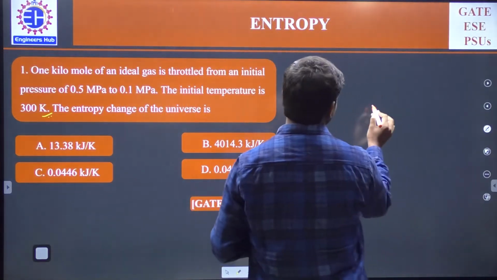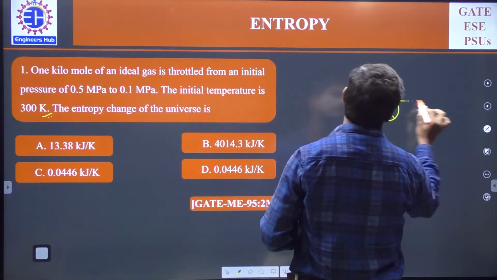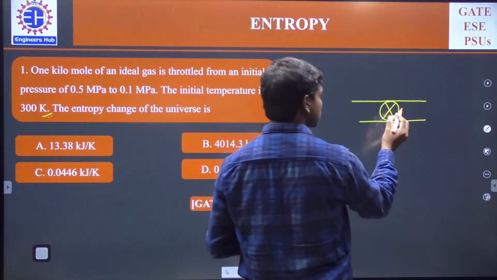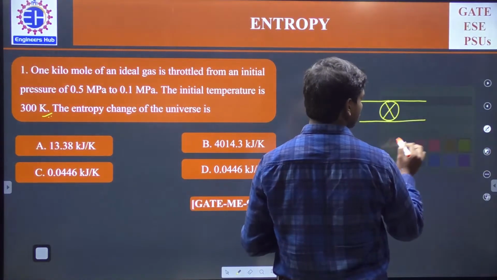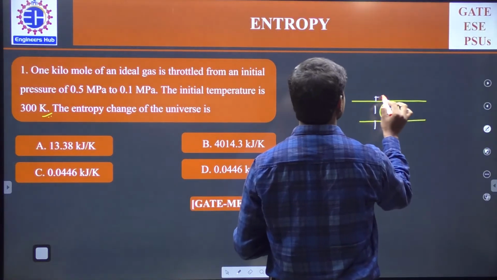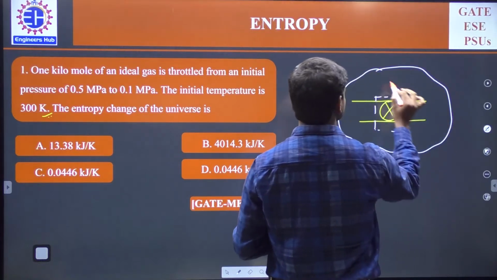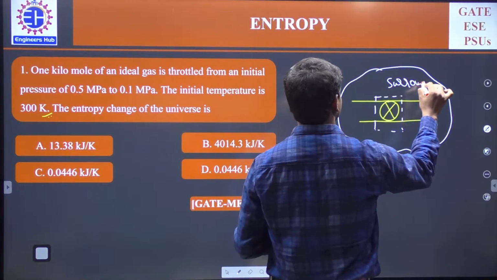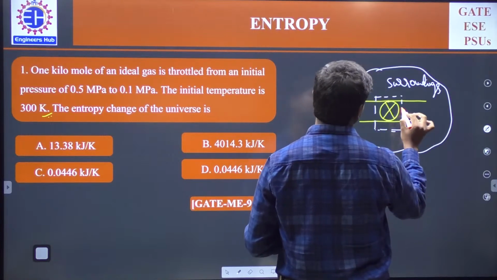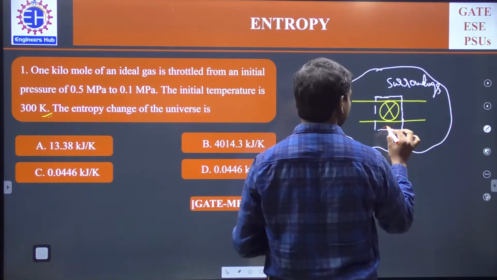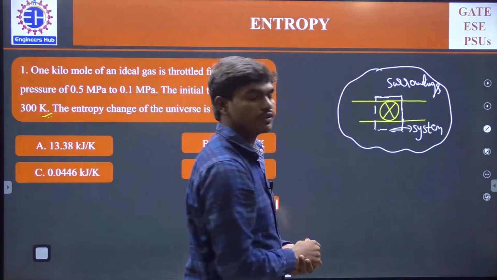Let us suppose there is a throttling valve and we are throttling some fluid. It's a small throttling device. If you take this throttling device as the system, everything external to it is the surroundings, and this combination is the universe.